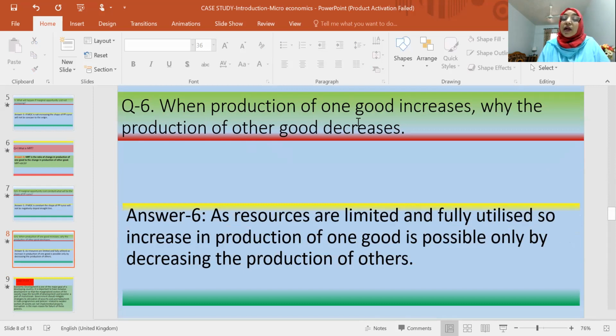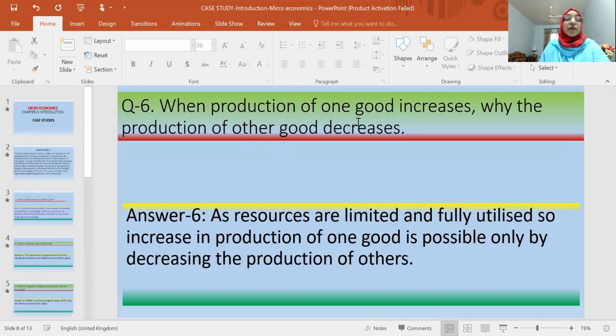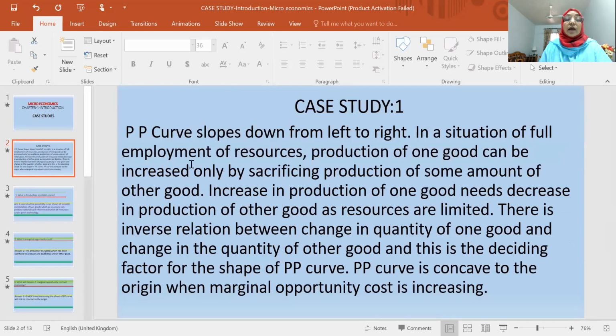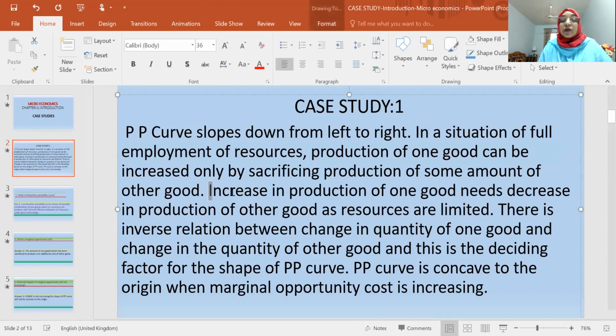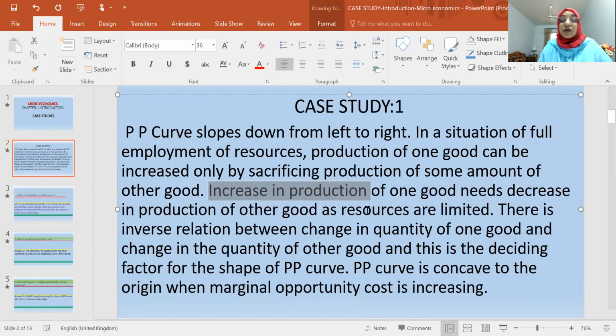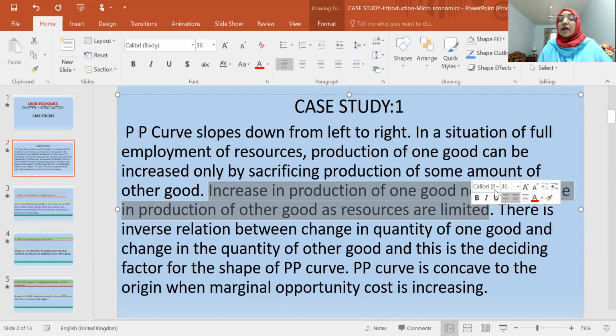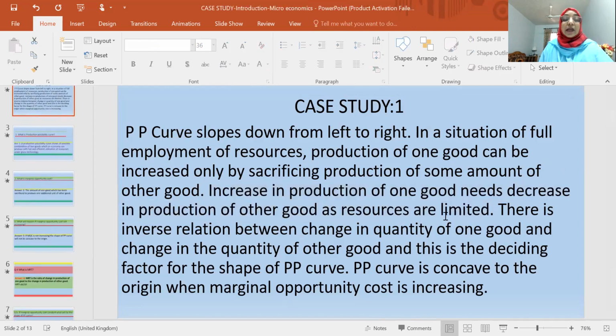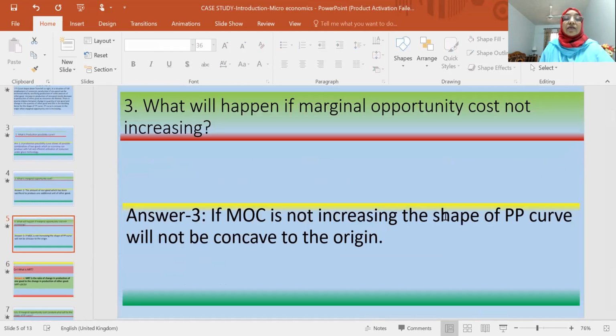If you go back, you can see increase in production of one good needs decrease in production of other good as resources are limited. The answer is here itself, so it's not a big deal. Easily you can give the answer.